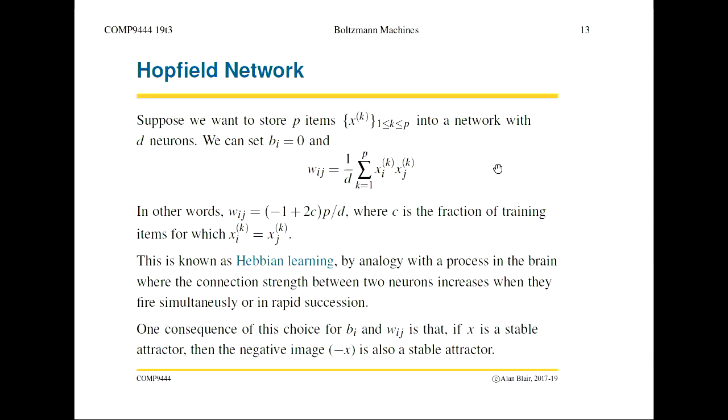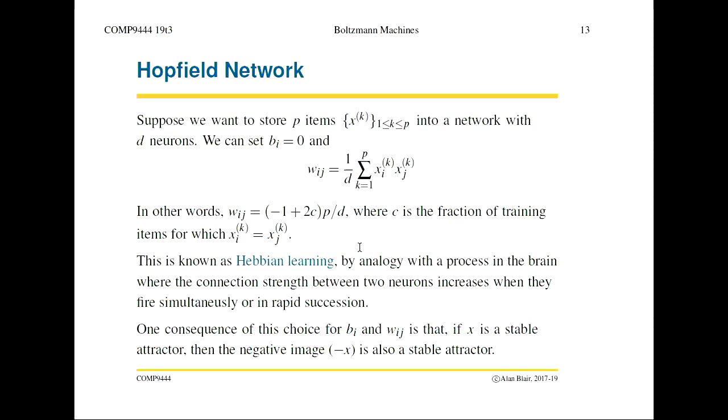And so, in other words, the weight is based on the fraction of training items for which the 2 pixels are equal. It's not quite equal to the fraction because we don't want a number between 0 and 1, we want a number between minus 1 and 1.